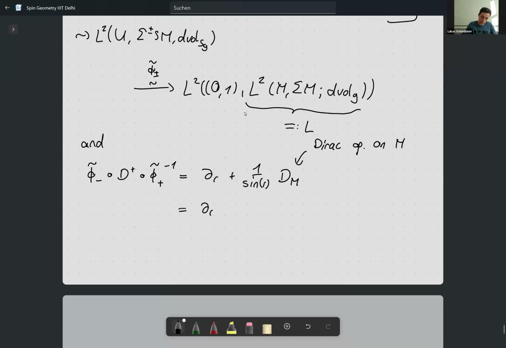So what we do is we add here this term that we would get from a straight cone, namely 1 over r D_M, and regard the difference here as a perturbation term.